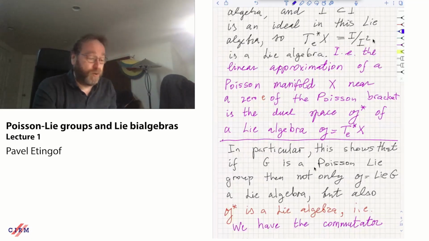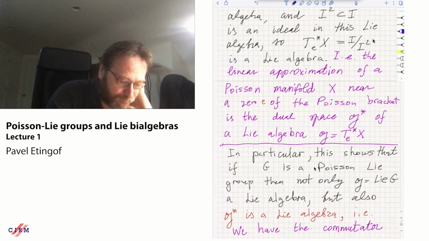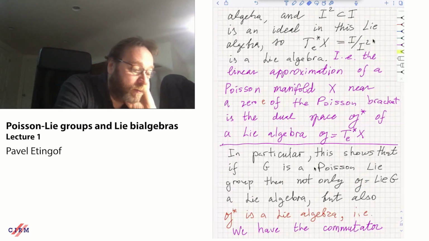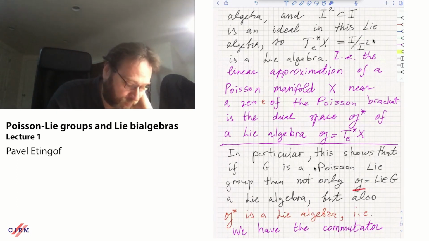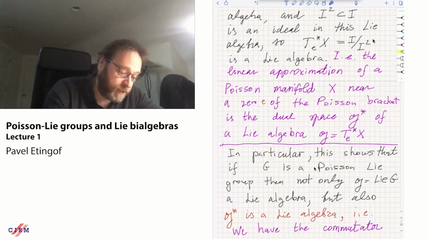And so in particular, this applies to Poisson-Lie groups. It shows that if you take a Poisson-Lie group G and take its Lie algebra, then not only is it a Lie algebra, but also the dual space to it is a Lie algebra, because the cotangent space at E to the Lie group is G star, and that is also a Lie algebra by the above discussion.